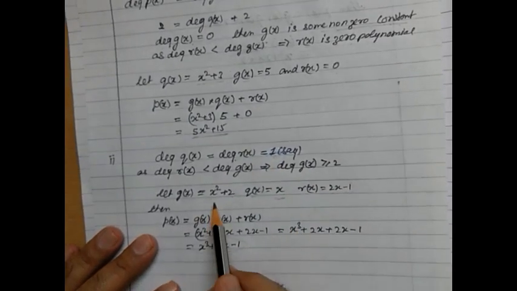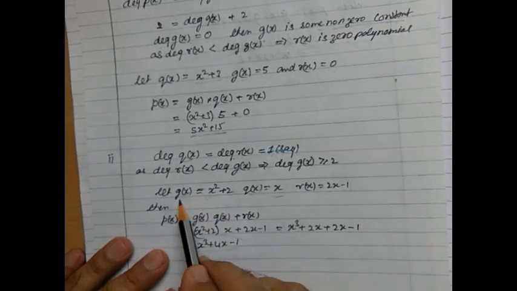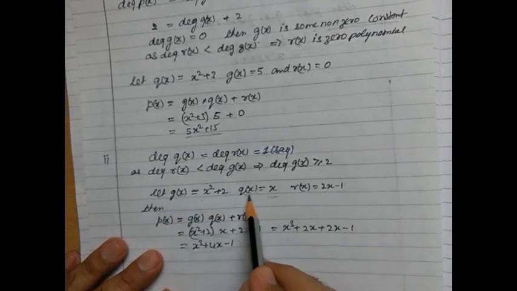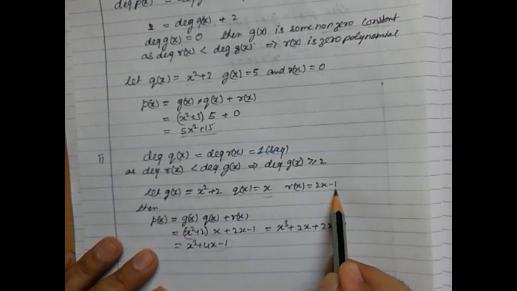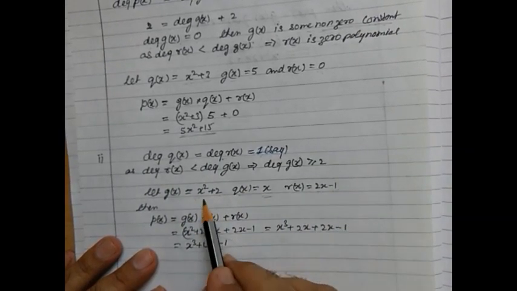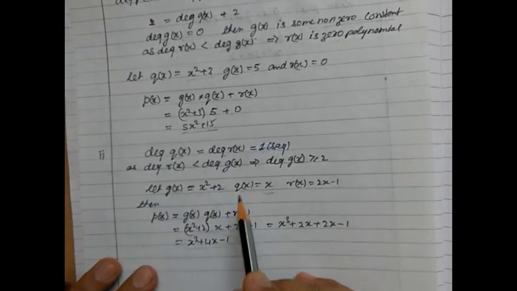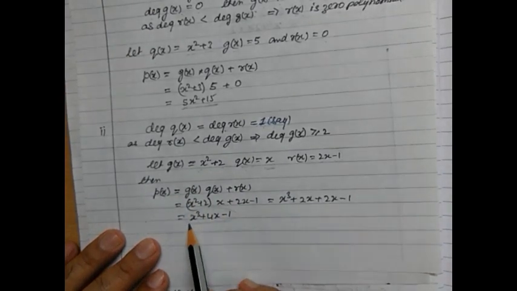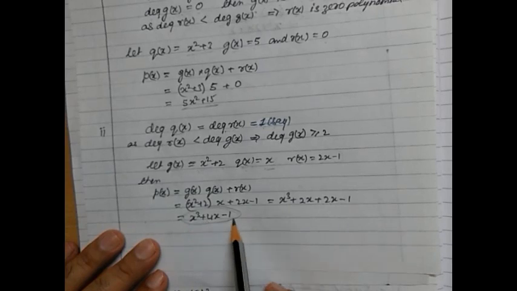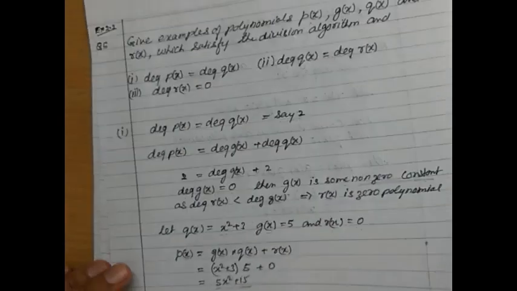So here we assume x square plus 2 as g(x), q(x) as x, and r(x) as 2x minus 1. Here we can take any values which satisfy the degrees. When we put it in the division algorithm, we obtain x cube plus 4x minus 1. Clear?